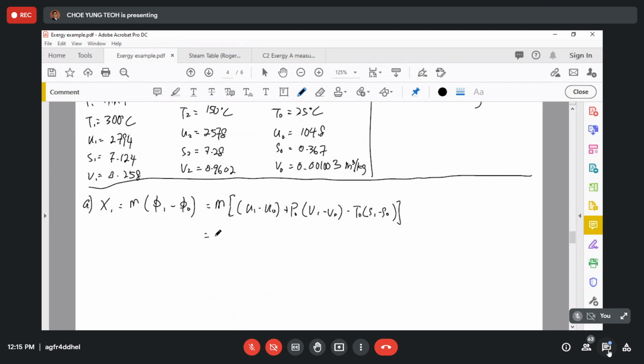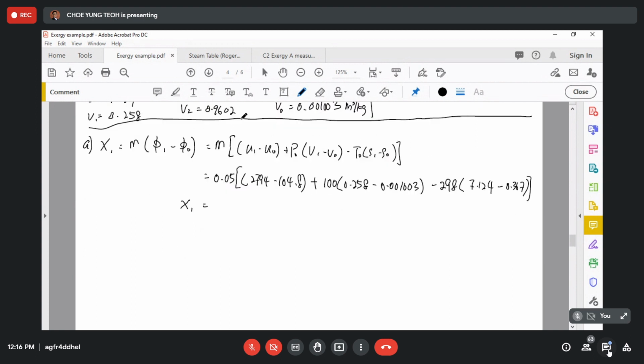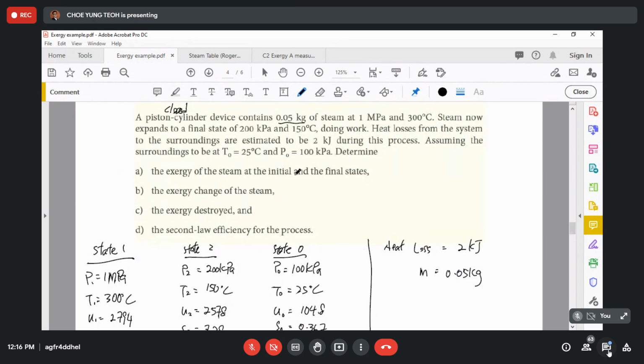You can put in all the values, M is 0.05. This is the exergy of the steam at the initial state.